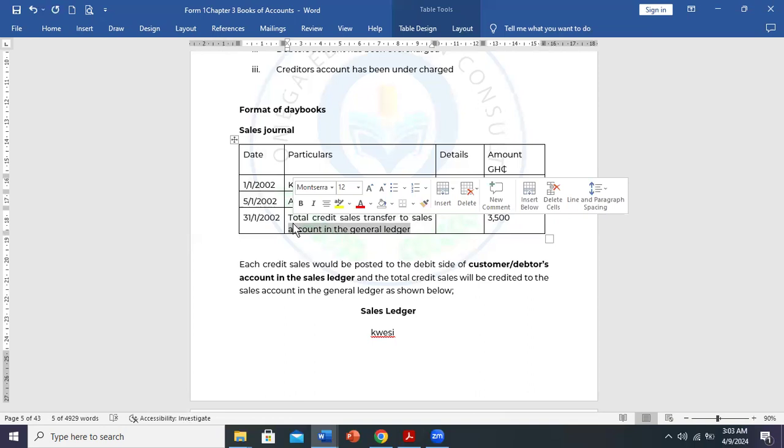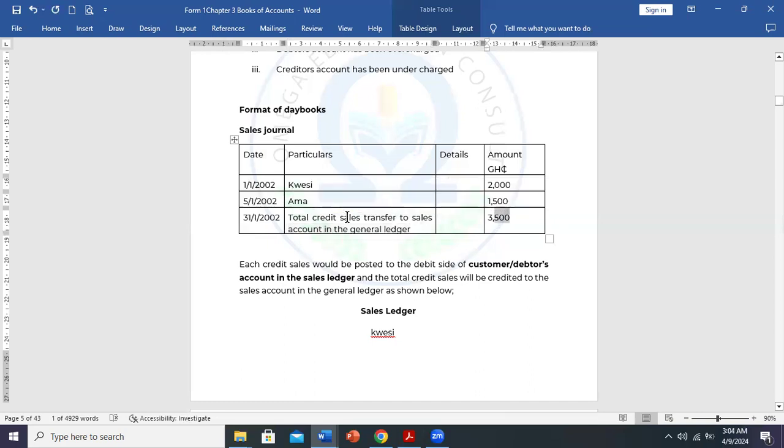And this total credit sales will be transferred into the sales account in the general ledger. I think when we start examples, you would appreciate it better. But you need that total and then label it as total credit sales. And that total credit sales should be transferred to the sales account in the general ledger, because we know that the sales account is in the general ledger.